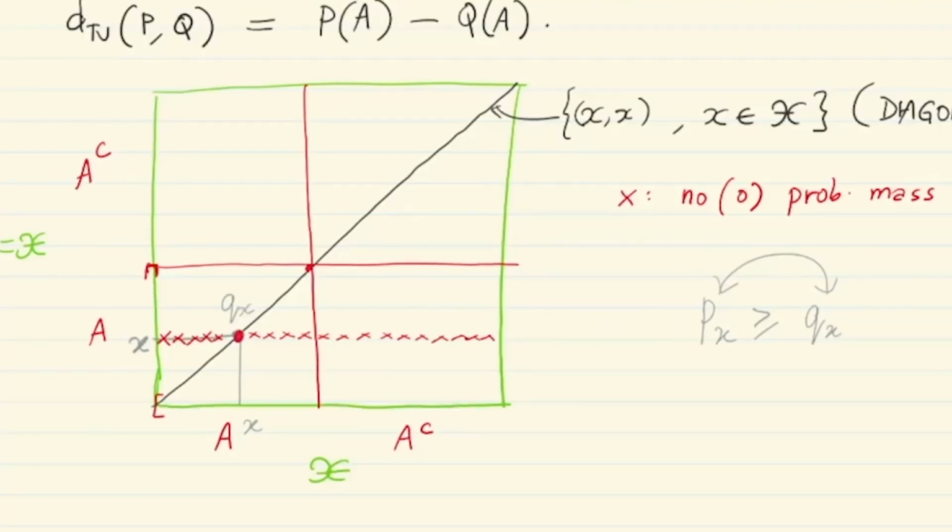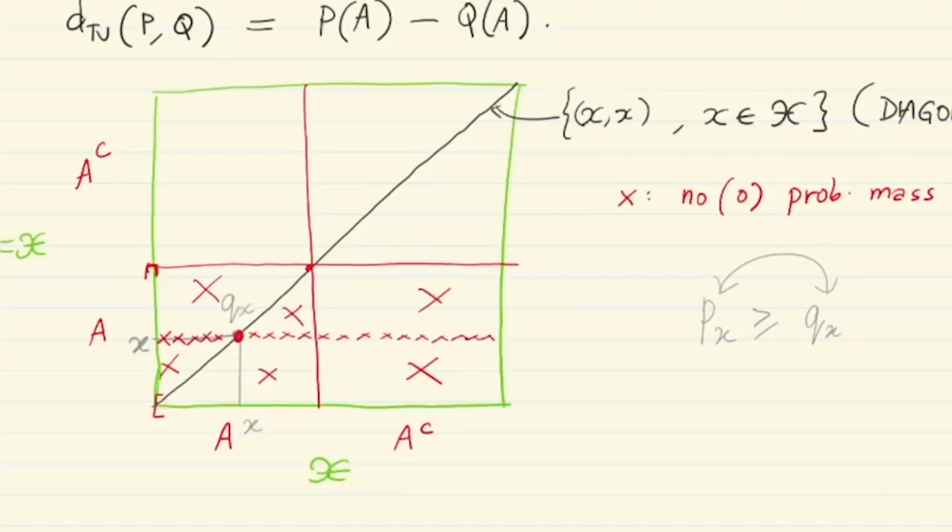Okay, and this essentially holds for, you can do this construction for every x in this set A and x comma x on the diagonal. So that effectively says that apart from this diagonal, there can be essentially no probability in this entire part. You cannot put probability mass anywhere here.